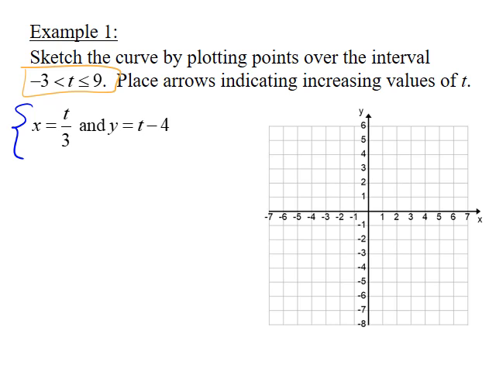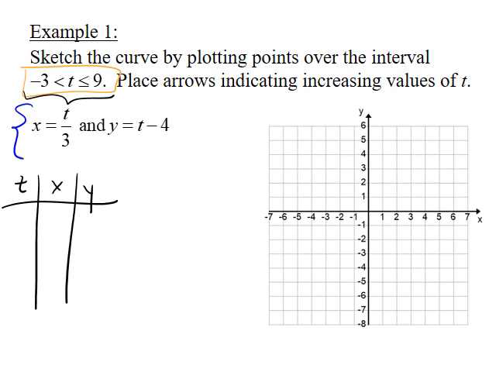So we're going to make a table and plug in increasing values of t between -3 and 9 into these equations.